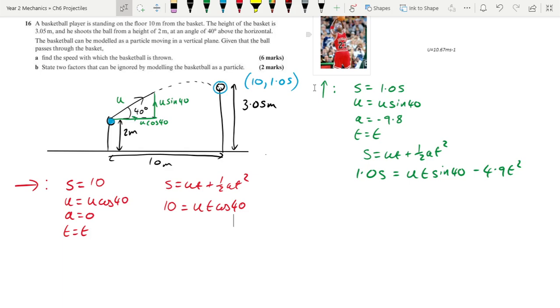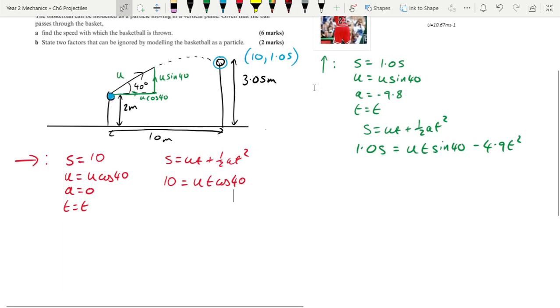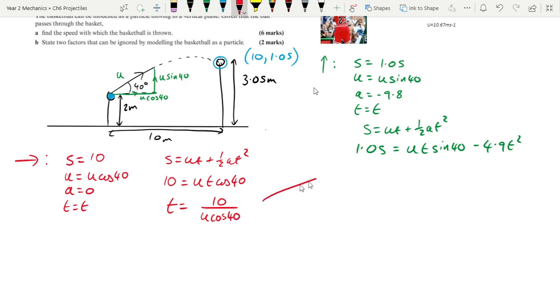I think what I'm actually going to do is eliminate t, because I'm just after u here. So this one here I'm going to rearrange to give me t equals 10 over u cos 40. Now I'm going to substitute that in to this one.